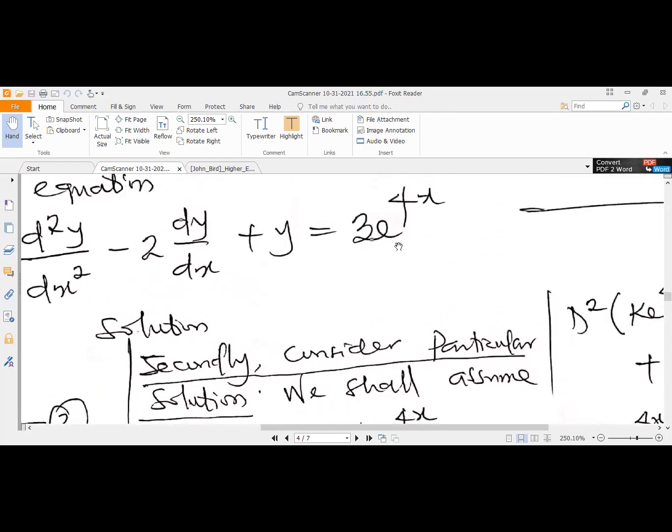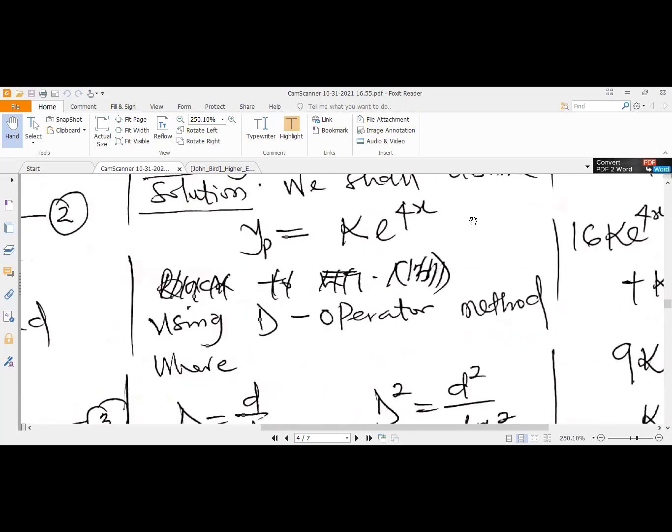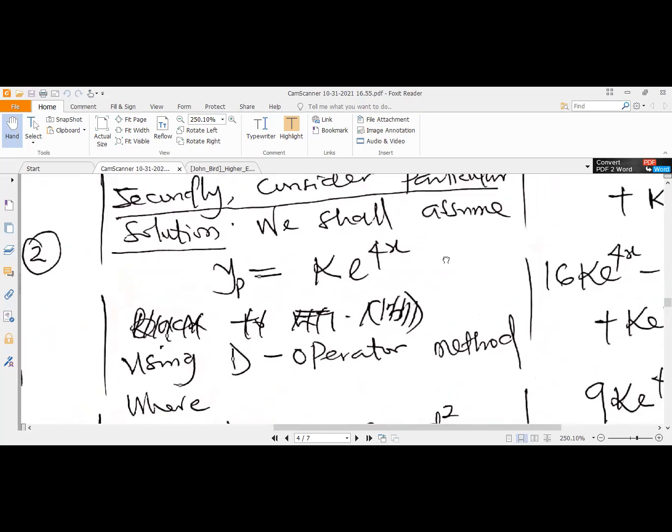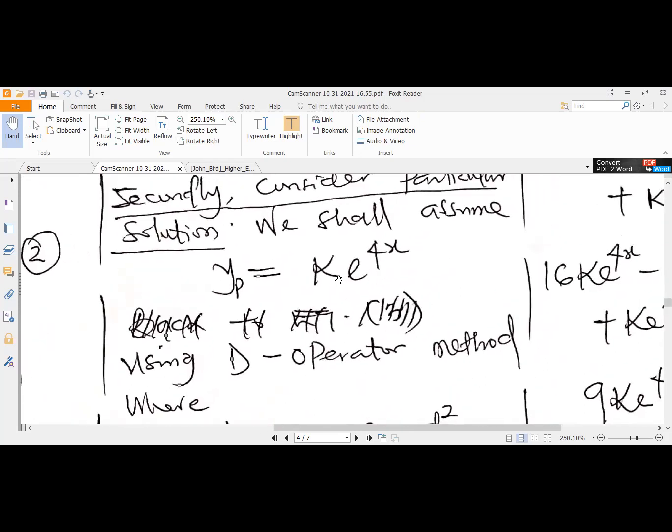Because the non-homogeneous part is 3 multiplying exponential 4x. So the nature of the exponential in the non-homogeneous part will determine the particular solution that I must assume. So in this case, I need to assume a constant multiplying exponential 4x.